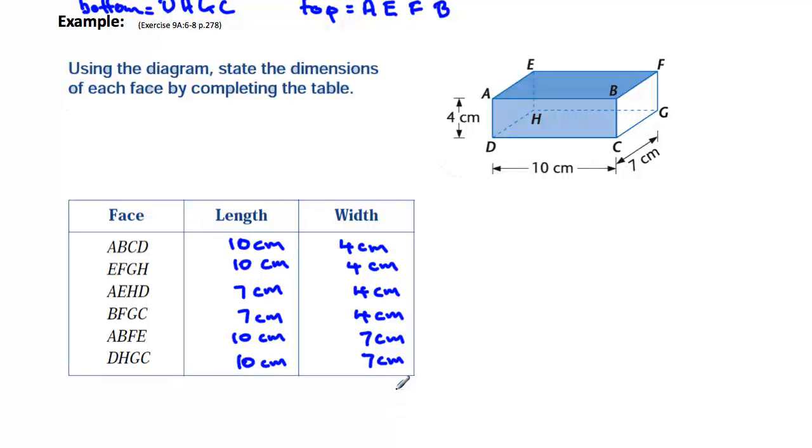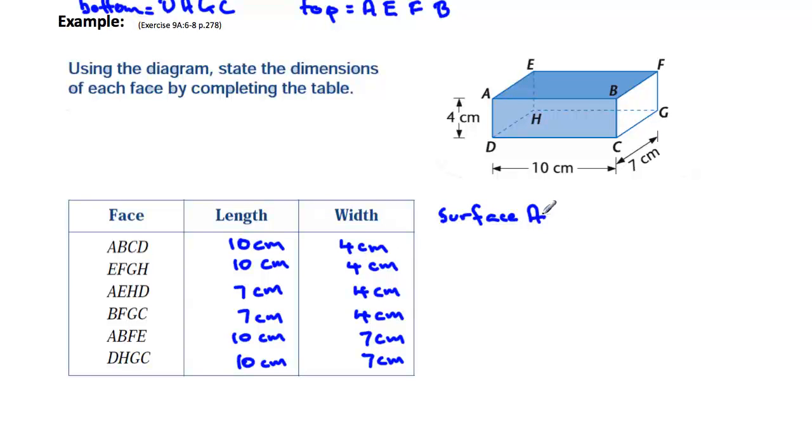And if you've done this correctly, you'll have these numbers listed for your length and your width, and you can probably see how easy it would be now to work out the total area or surface area of this shape, because all you need to know for a rectangle is to multiply your length and your width together and then add them up. So we could actually do that. So if we go 10 times 4, and what I'll do is put here surface area. You might just want to write that in your book.